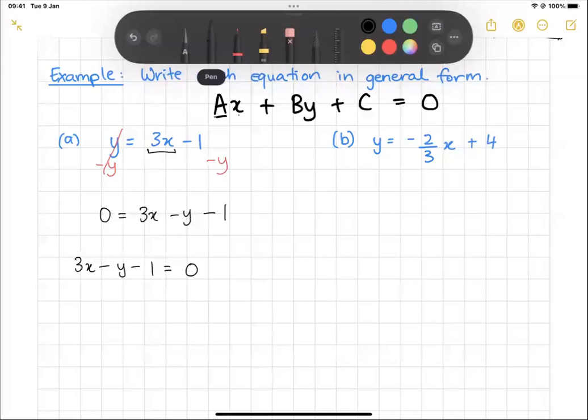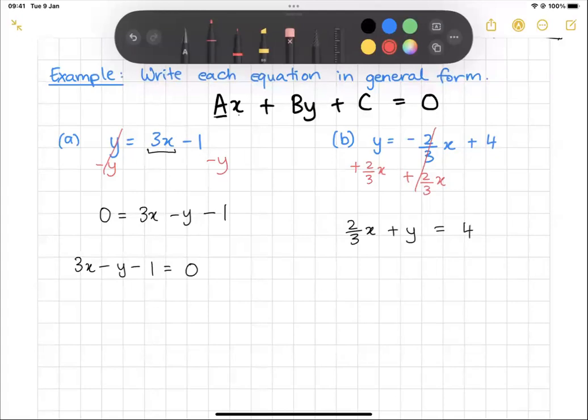To do that, I am going to add the whole term, 2 over 3x, on one side, and I'm going to do it also on the other side. This will cancel out. What I'm left with now is 2 over 3x plus y. This y is positive, equal to positive 4.